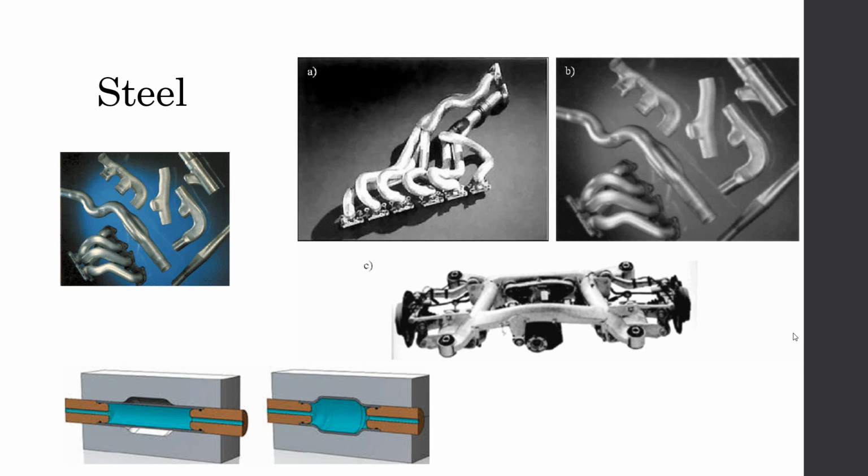So let's start with the steel. The steel is a common metal that is used in industrial companies to make many processes and to produce many types of products.